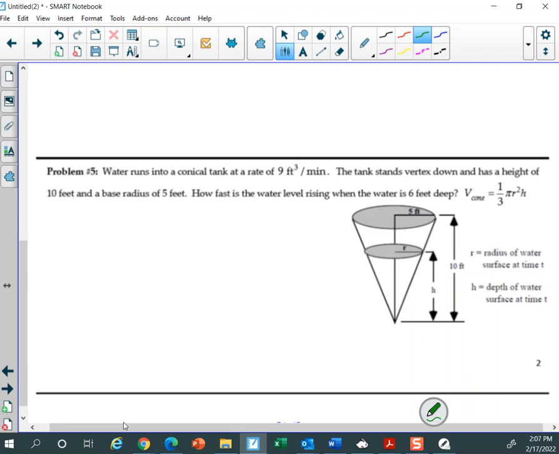All right. If you think about a cone, this is kind of what I was just trying to show Hasna.